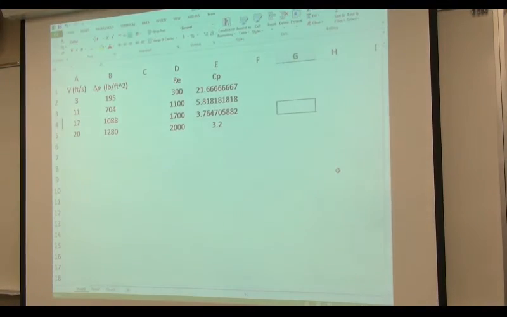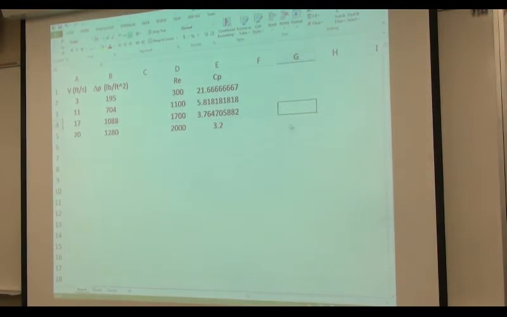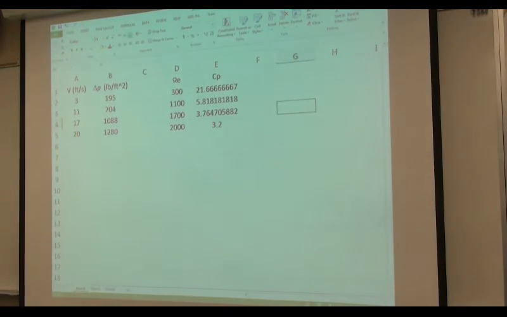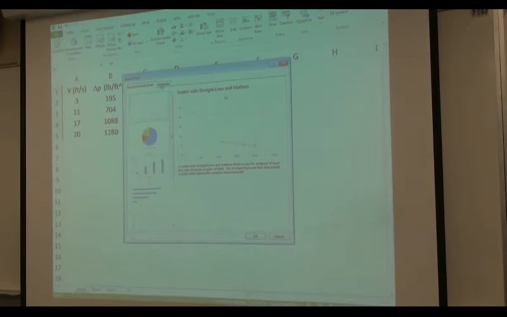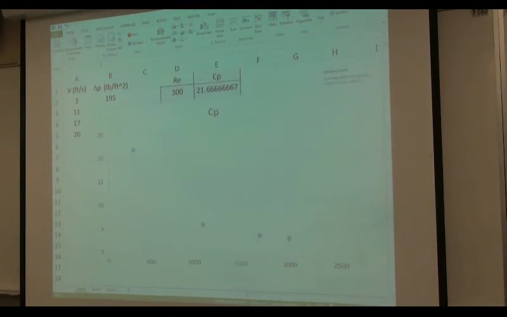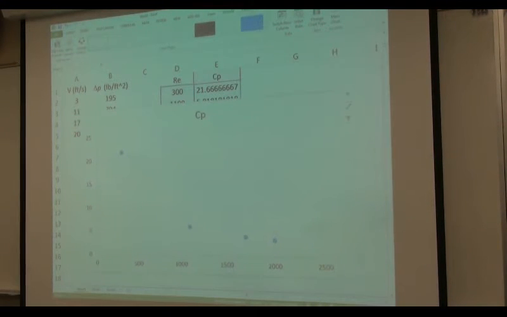So let's plot Reynolds number and Cp. Insert chart. It's going to be an XY scatter plot, just like so. Here we go. This is the plot based on the data set.